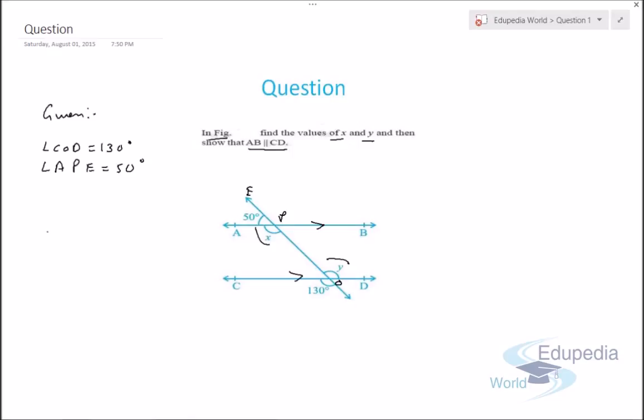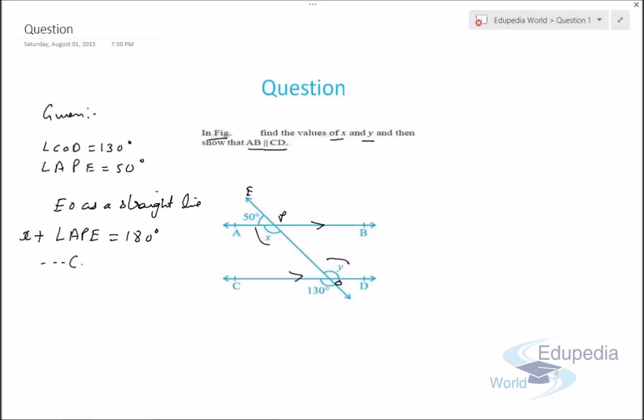If we consider EO as a straight line, then x plus angle APE will be equal to 180 degrees.